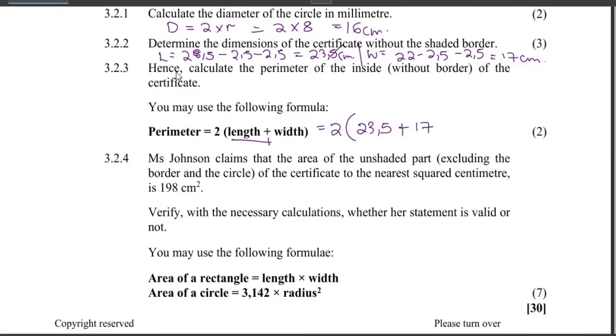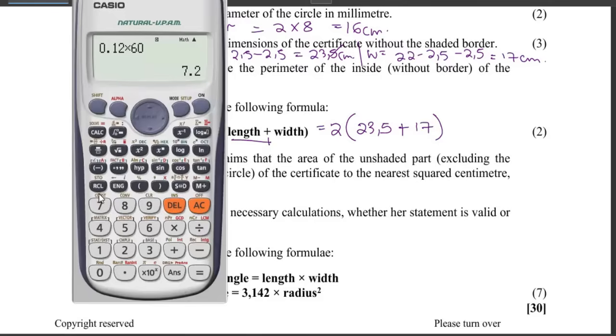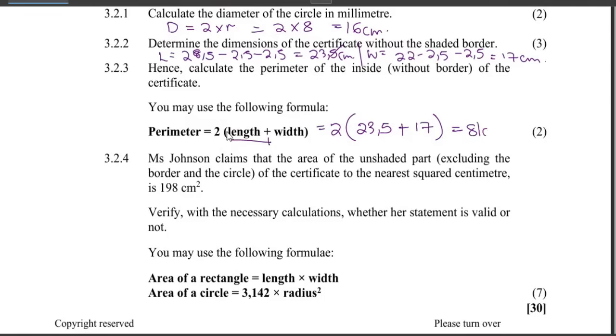It's 17. Close those brackets there. Having done it, this is one mark. So you can pick it and put it in your calculator. Yes, say 2 open brackets 23.5 plus 17 equals 81. You understand? Straightforward. Don't forget the units.